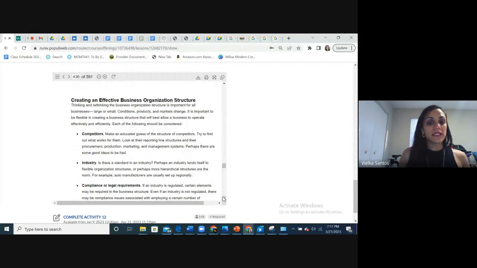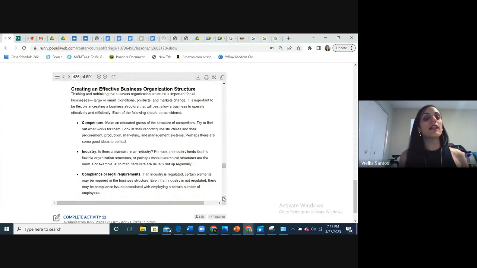Creating an effective business organization structure. What is that? We need to take care of some variables that are external, like our competitors. We mentioned that in other courses and in other scenarios. Industry. What is the industry that we are in? We will have different characteristics depending on the industry. For example, healthcare industry.